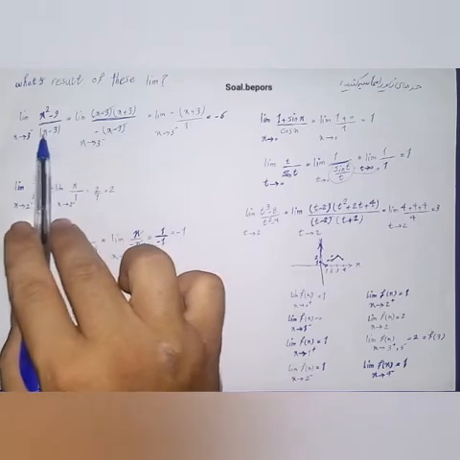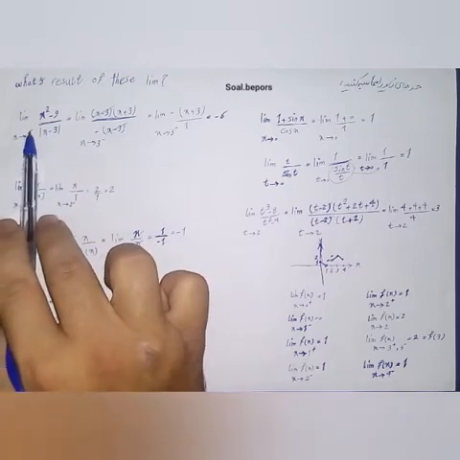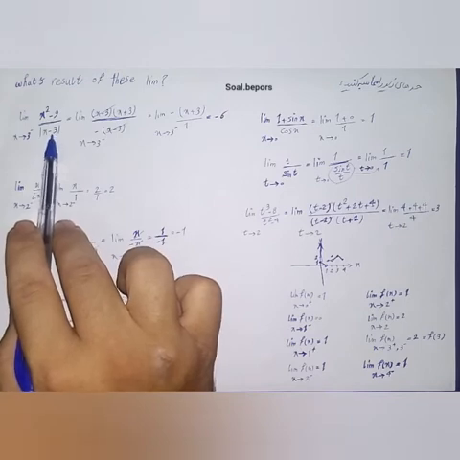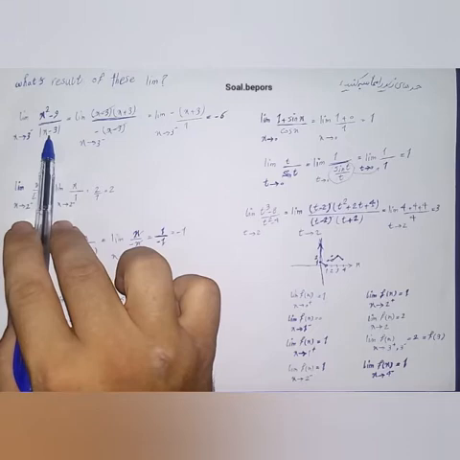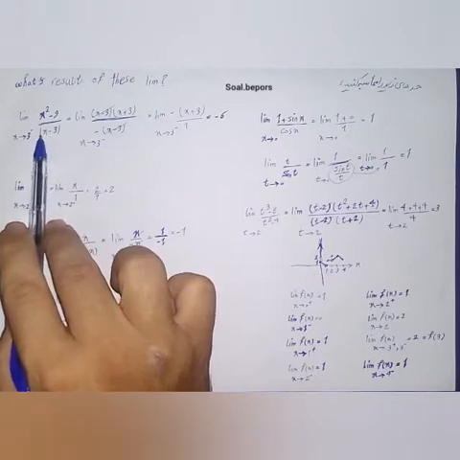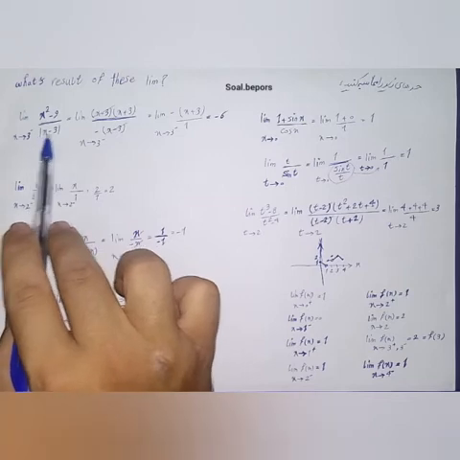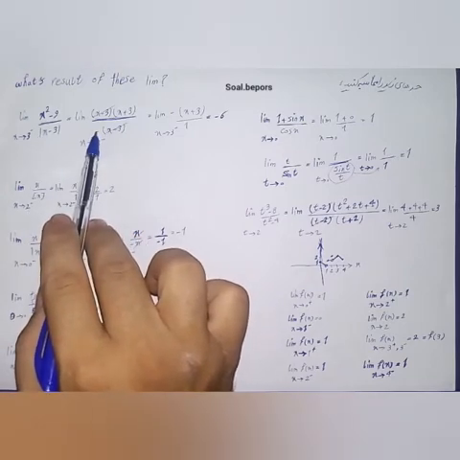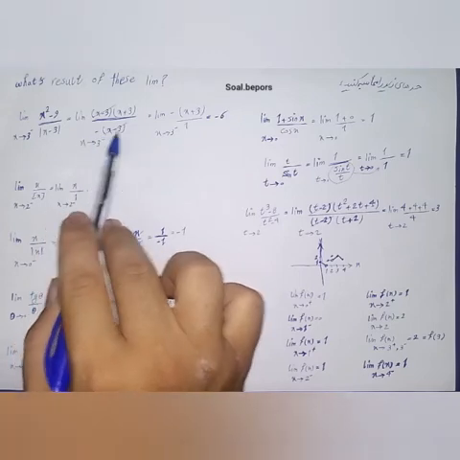When x goes to 3 from left, x minus 3 is under zero, so we delete the absolute value and put minus instead of absolute.